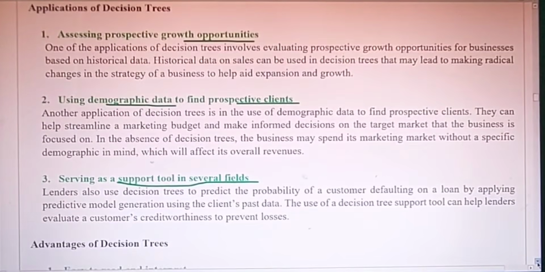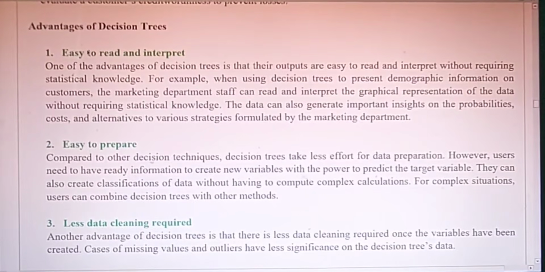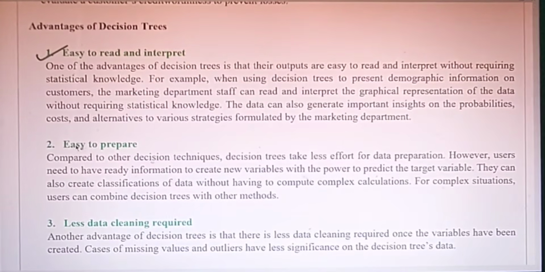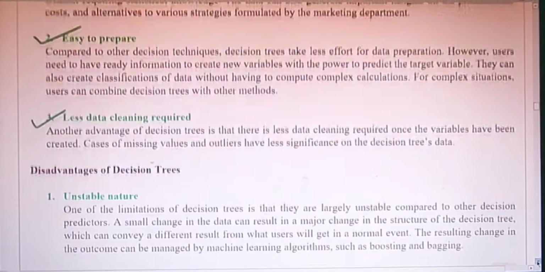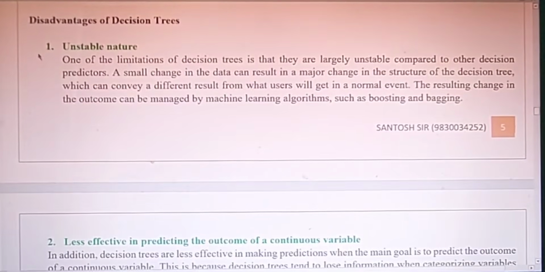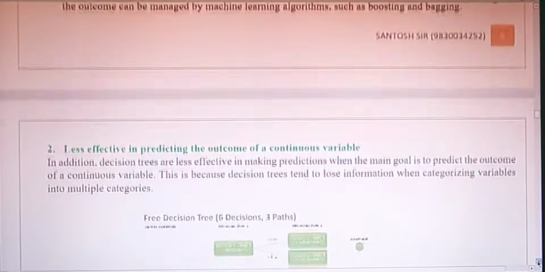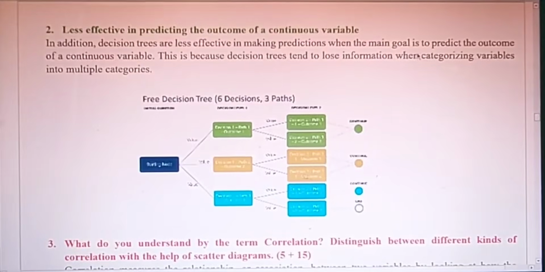And there are many advantages and disadvantages of decision tree, like it is easy to read and understand, easy to prepare, and less data is required to be cleaned. That means it is concrete. And some disadvantages there, like it is unstable in nature, and it is less effective in predicting the outcomes of continuous variables.